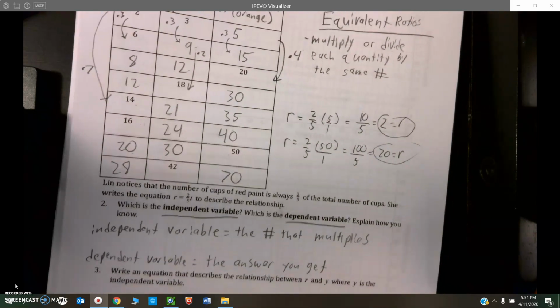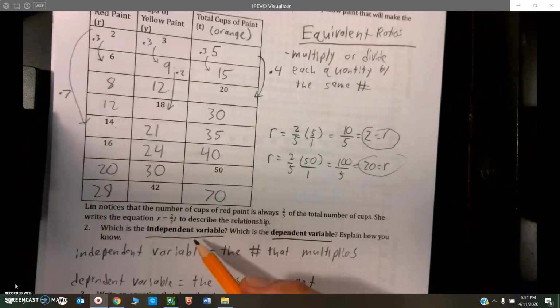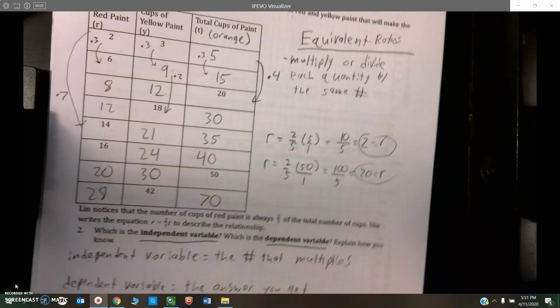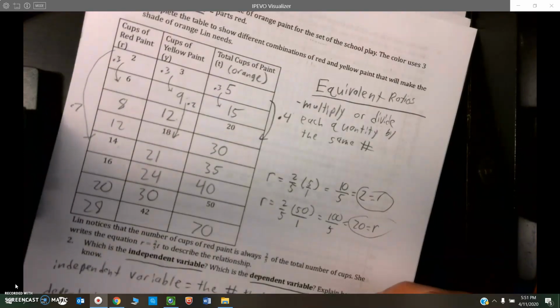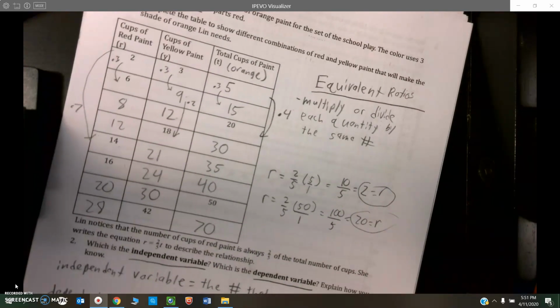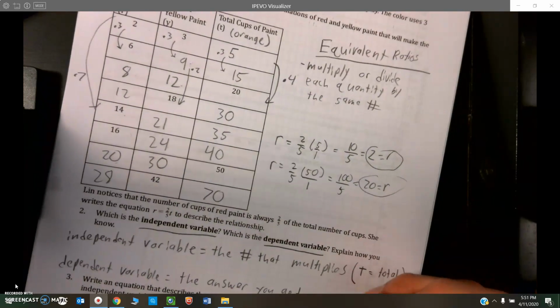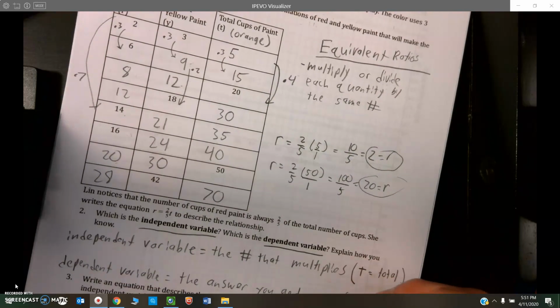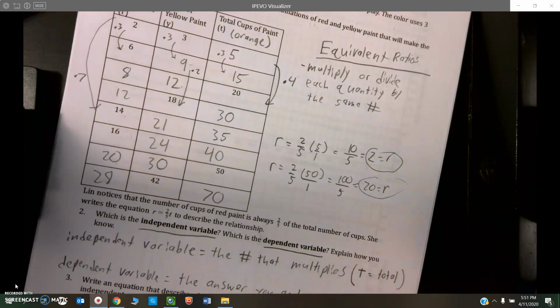So, in this case, the independent variable, what gets multiplied, is t. Total is the independent variable, and r is what we're getting, and that's the dependent variable, and r stands for red.